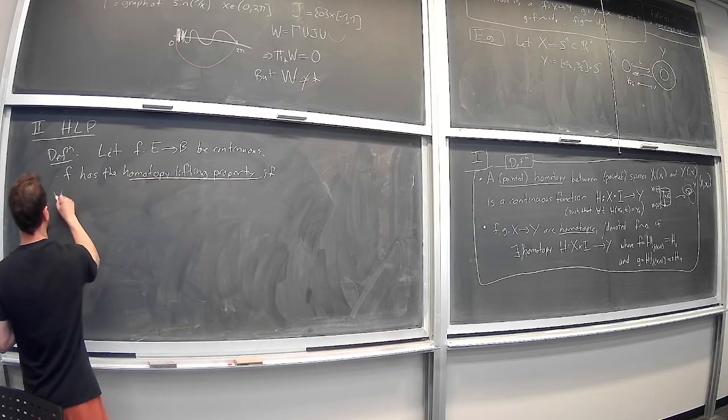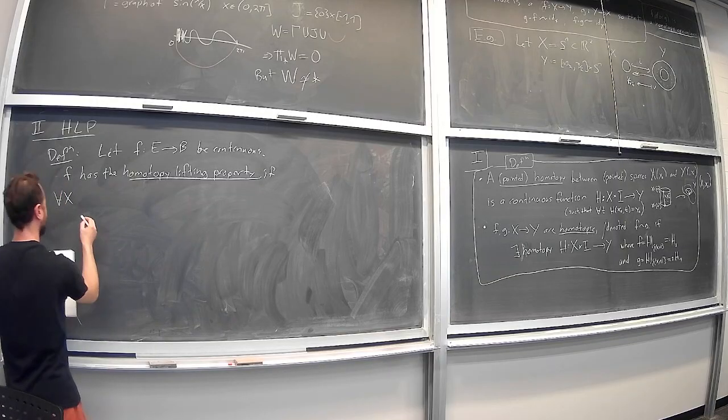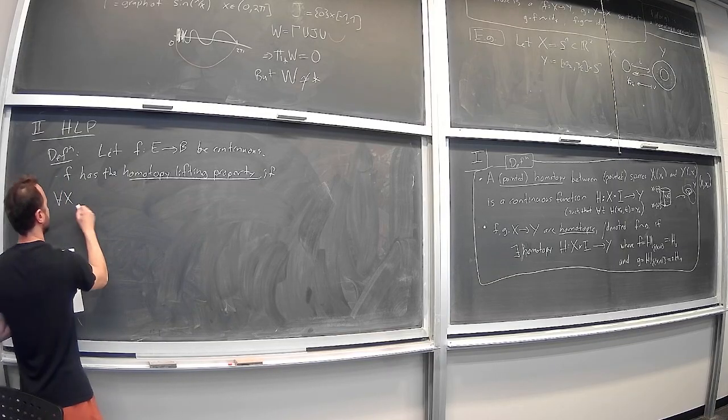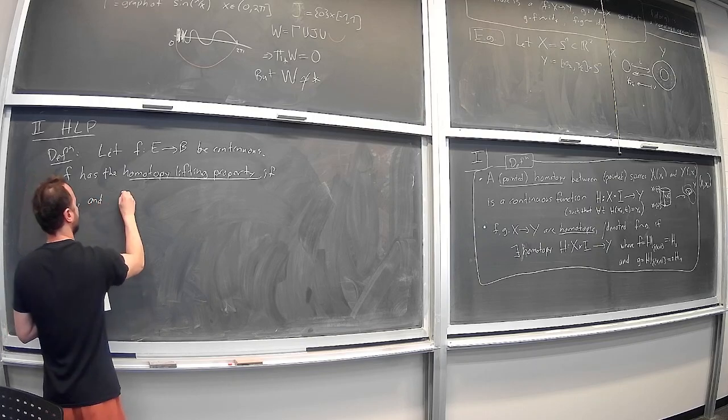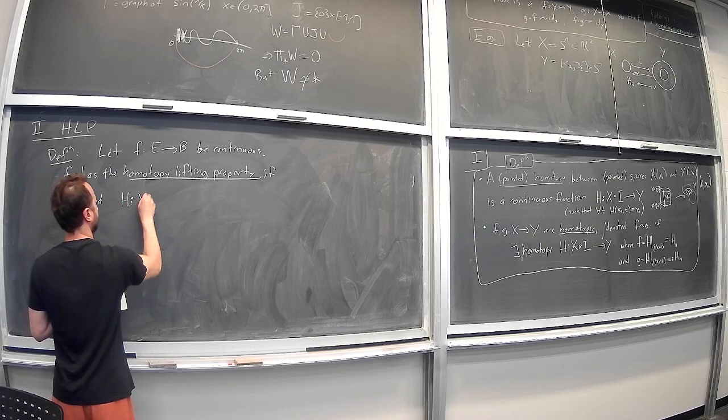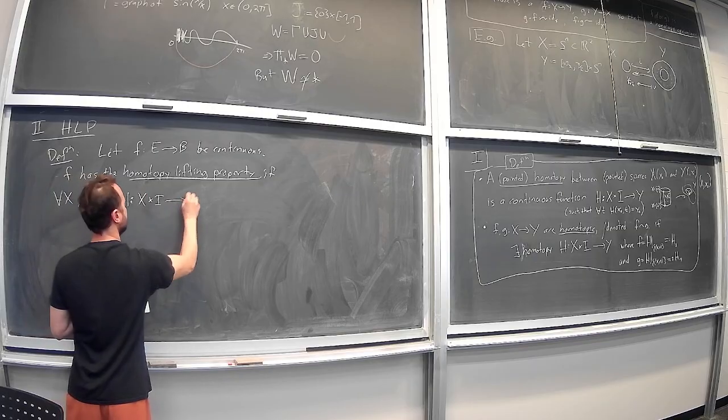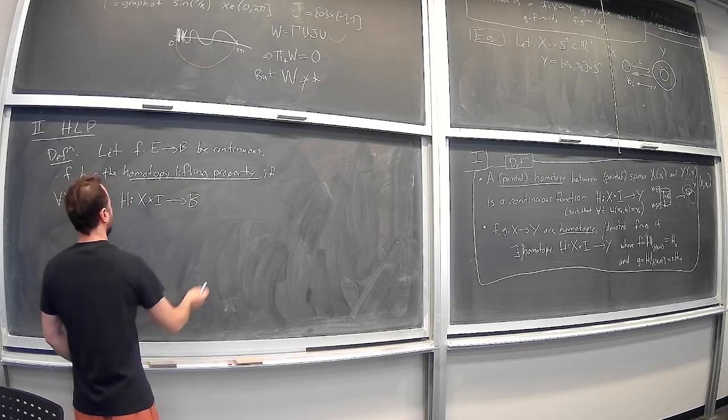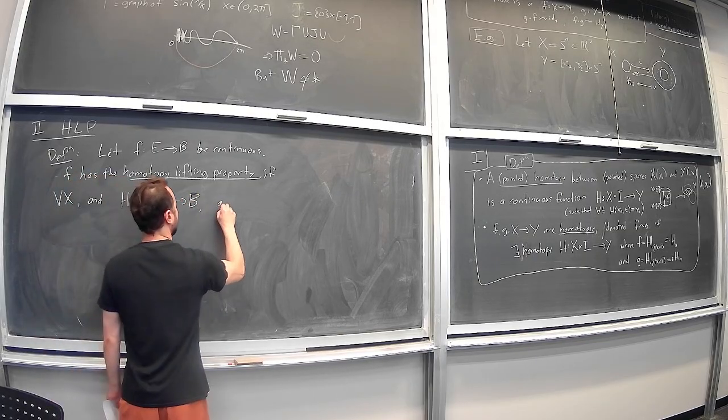I'm going to say for all X, and you can choose your favorite category of X to some extent. So for all X and homotopies from X cross I into B, how do I say this?